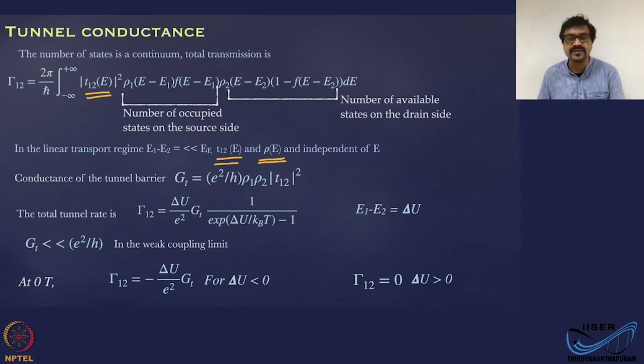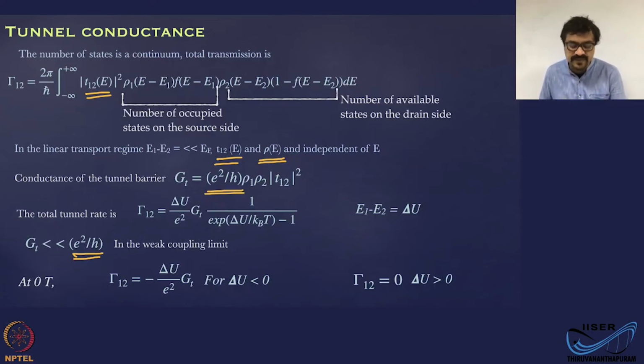Okay. Now this is applicable only in the weak coupling limit. The reason is the whole thing we can assume only in the weak coupling limit, where the Fermi golden rule is applicable. Okay. Weak coupling limit means GT is far less than e squared by h, where e squared by h is the conductance quantum.